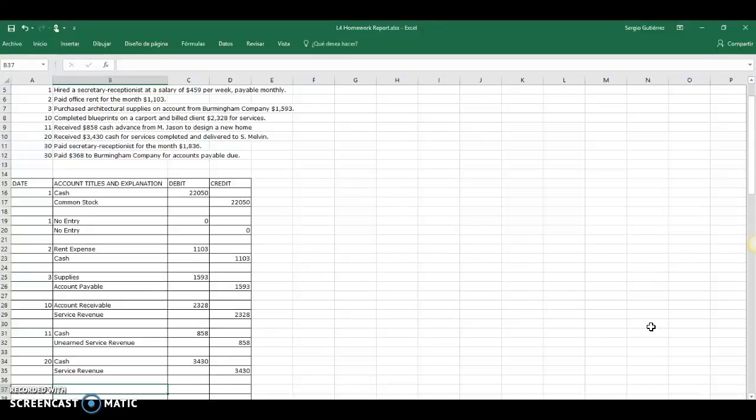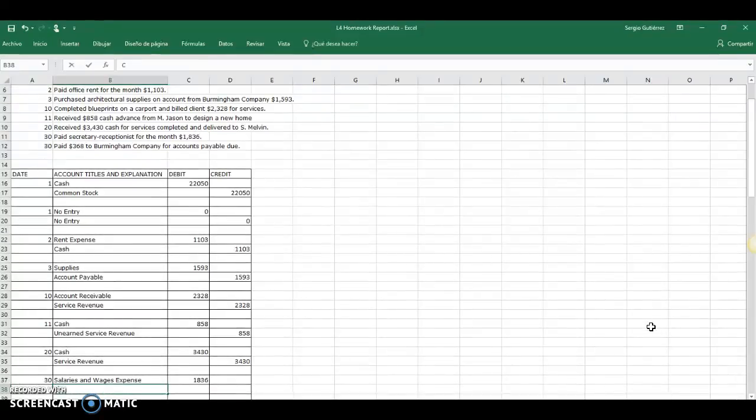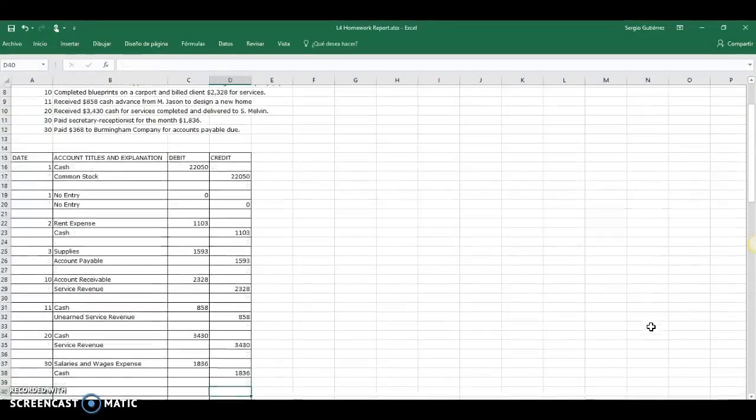We're going to use the account salaries and wages expense for the amount of $1,836. They paid with cash, so we're going to credit the account cash for the same amount.